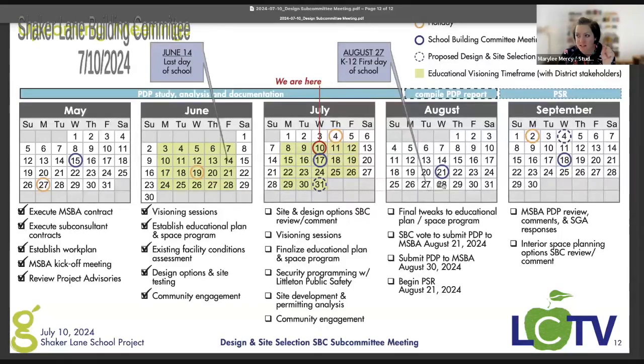Because the options that we've shown you are diagrammatic, the building shape and the square footage will change a little bit based on the work that Michelle and the ed planner are doing. But the site, the location on either the Shaker Lane site or the Wickham Field site, those are the three options that we're doing. Does that make sense? Okay, so we'll have sufficient information in terms of financial costs to help us make that decision before we submit the PDP? Yes. Okay, perfect.